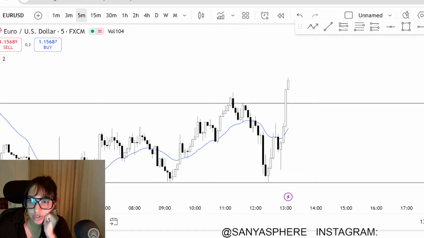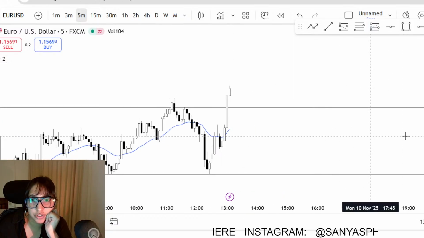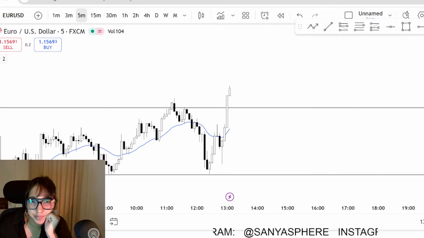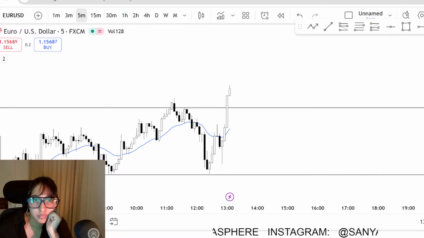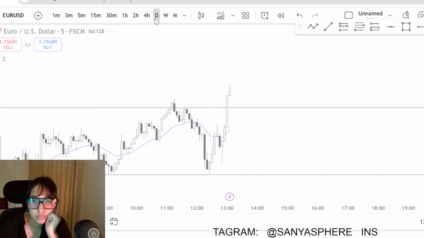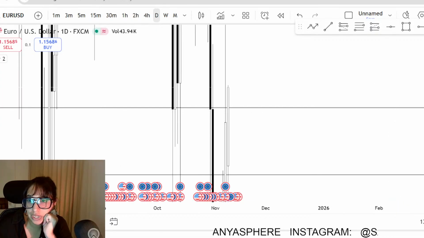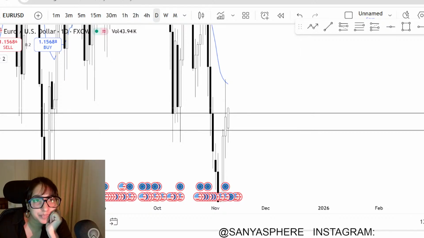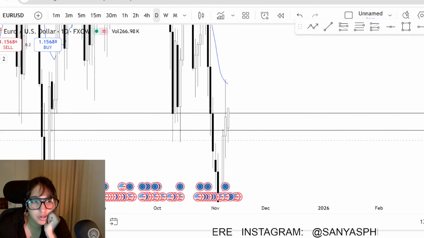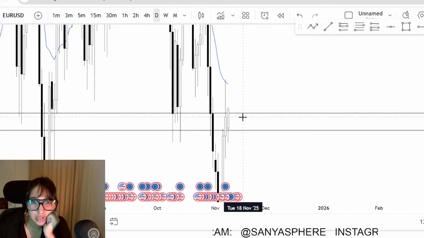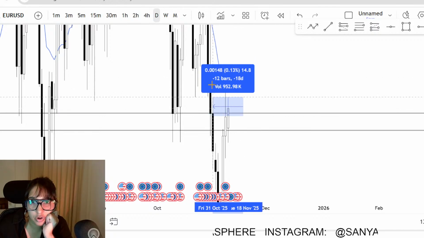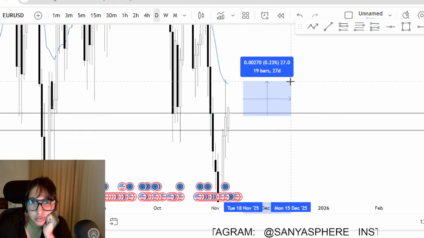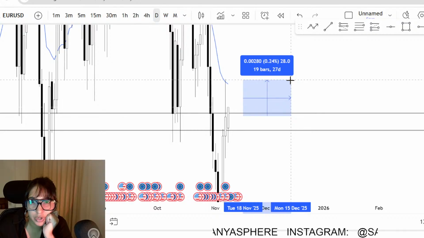Let's see now. Most probably, I'll be looking for the bullish setups. The only fear I have right now is one confluence that is wick fill, because the previous wick fill, if you see, this range is almost 27, 28.